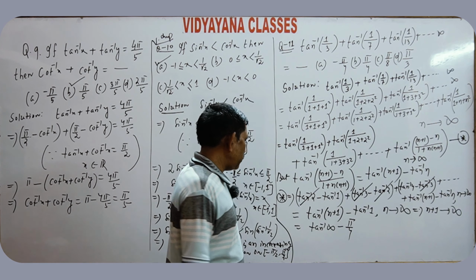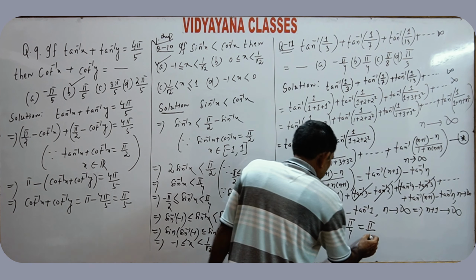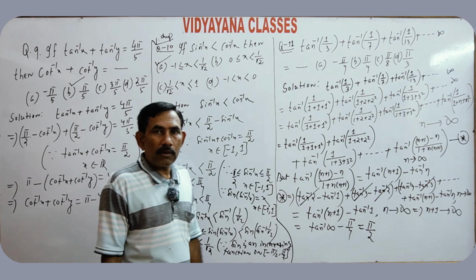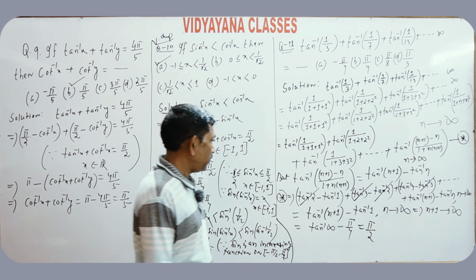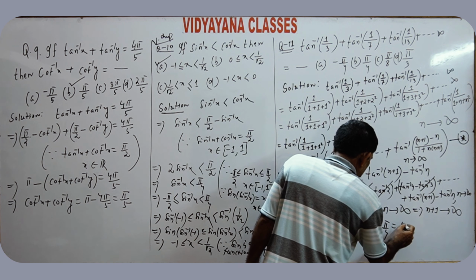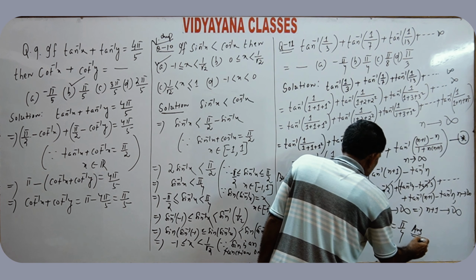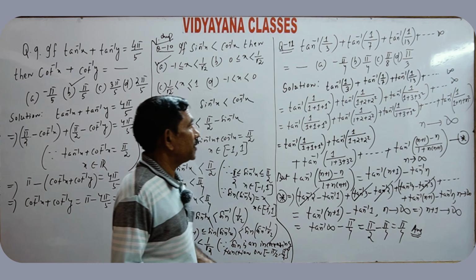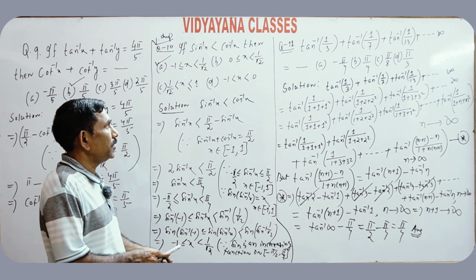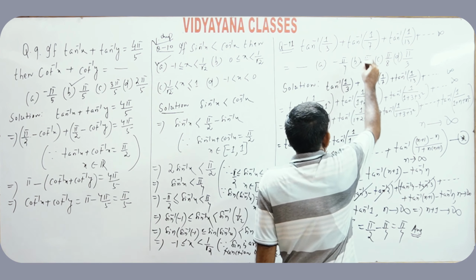Tan inverse infinity is equal to pi by 2. Pi by 2 minus pi by 4 is equal to pi by 4, which is the answer. Clear? So the correct option is B.